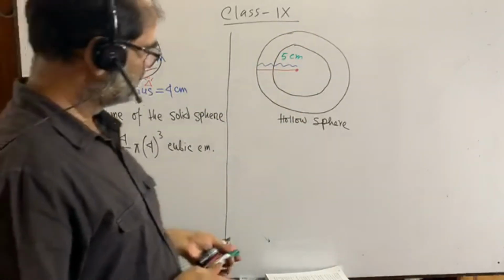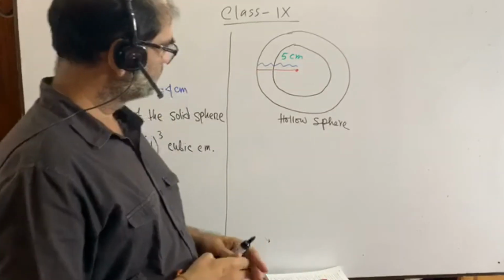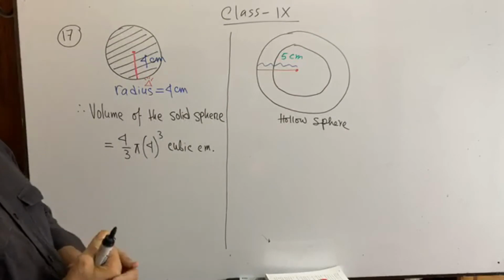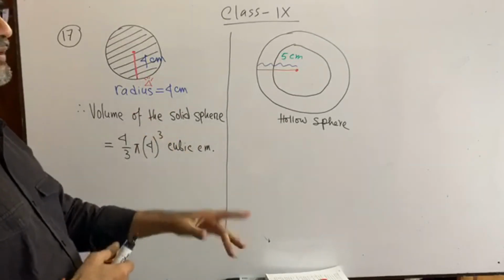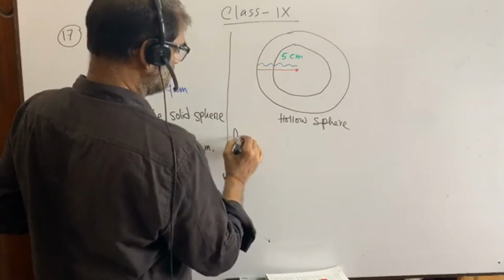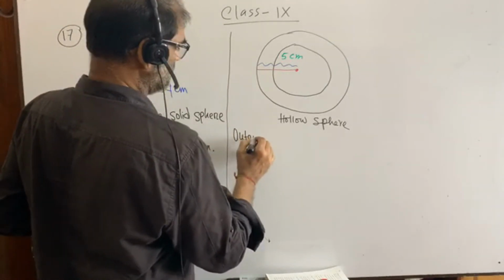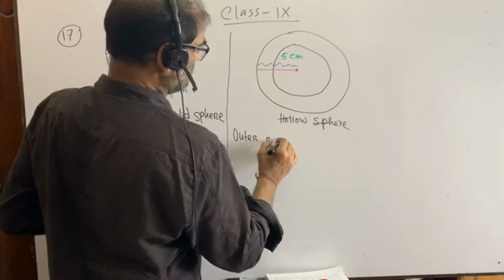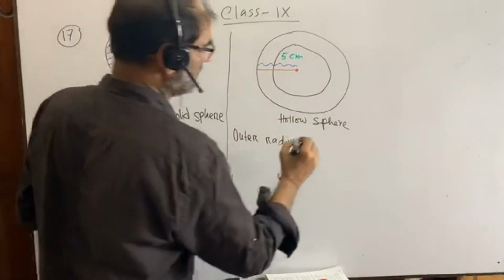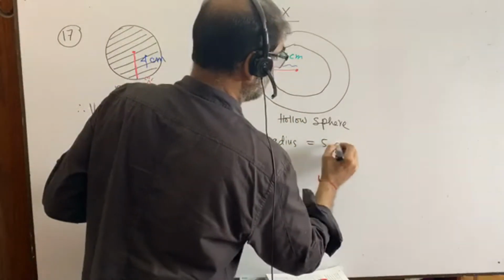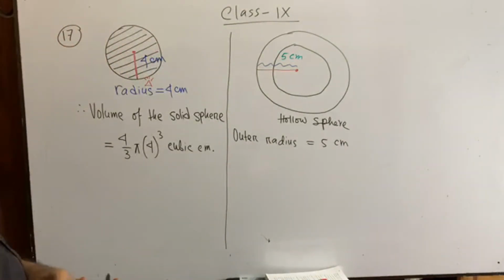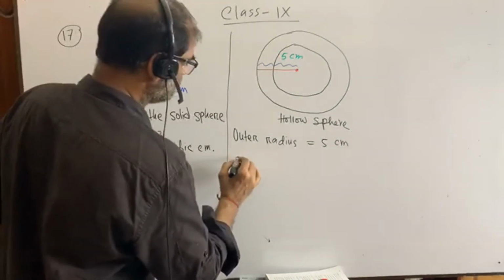Please try to understand what I have written here. The outer radius of the hollow sphere is given in the question as 5 centimeter. Write down here, outer radius of the hollow sphere is equal to 5 centimeter, right? So what is the outer volume?